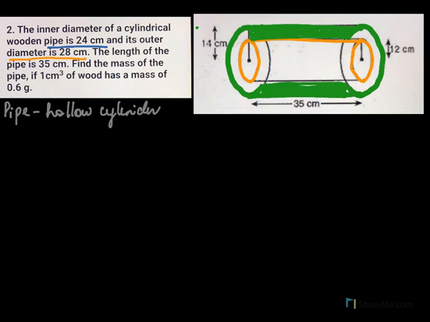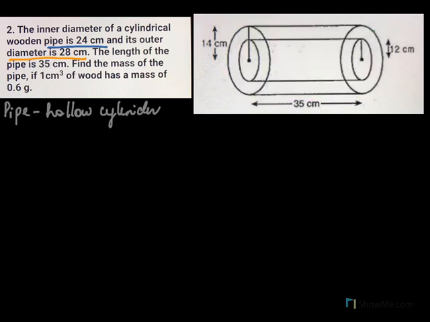If I subtract this yellow part from the green, I will get the volume of the green. So I need to subtract this hollow part and I will get the volume of this wood.